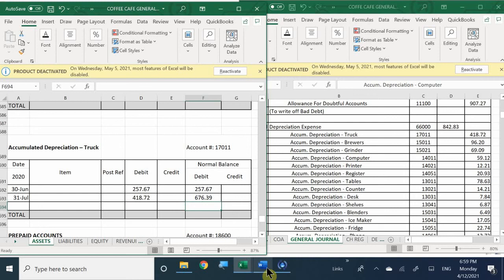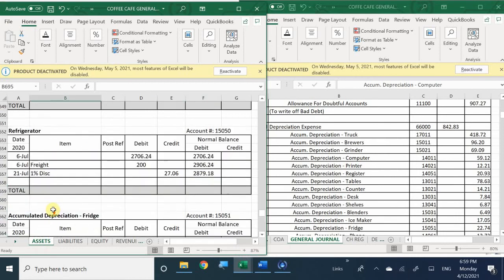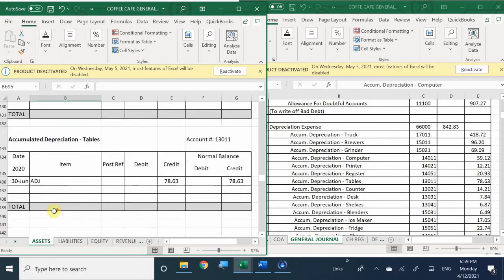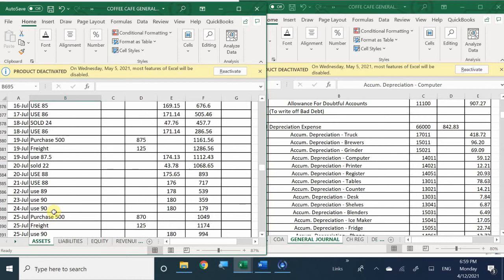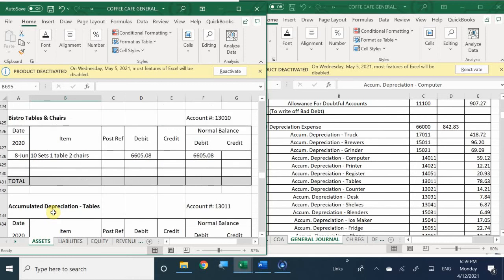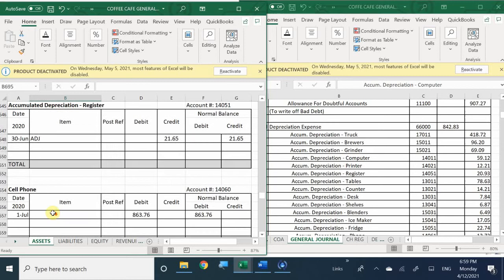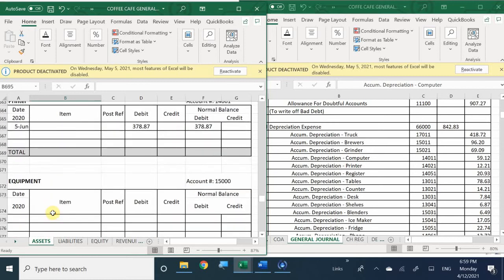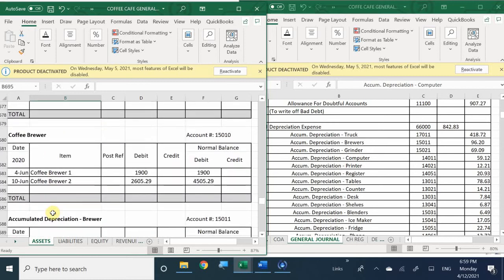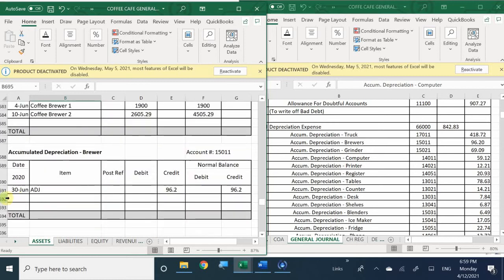Then the next one that we have here is to do the depreciation for the brewer and then the grinder. So we're going to scroll all the way up to the coffee brewers. Okay, here's the brewers.